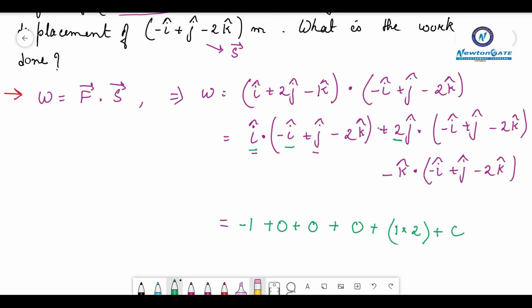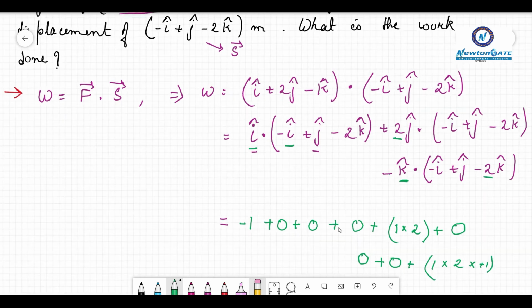Plus again I will get a 0 because j dot k will give me a value 0. Next, k cap dot i cap again gives me a value 0. Plus k cap dot j cap also gives me a value 0. Now k dot k gives me a value 1, into the scalar value 2, into minus, which will give me plus.